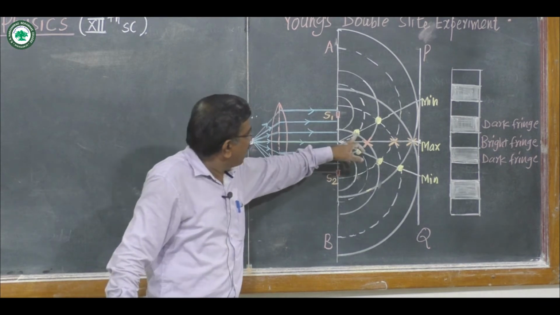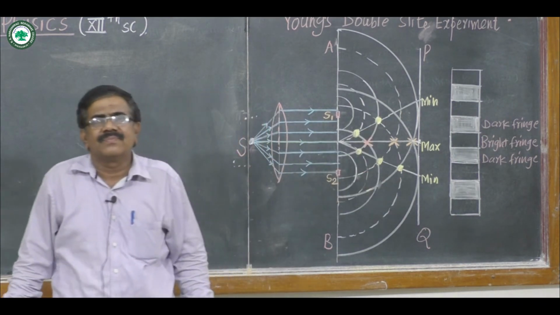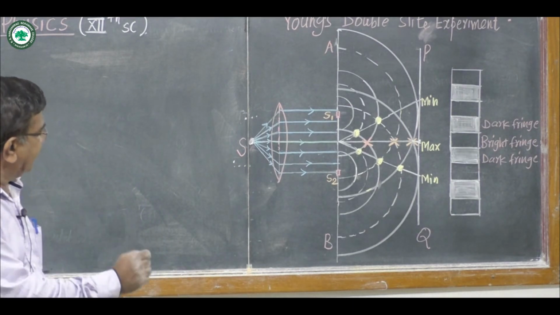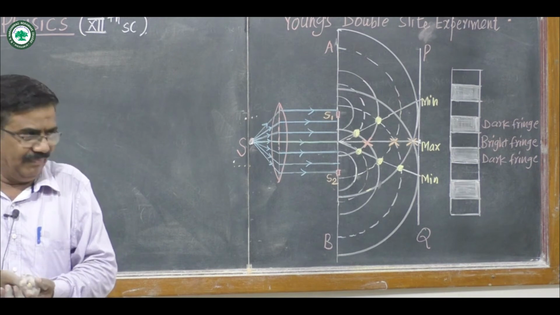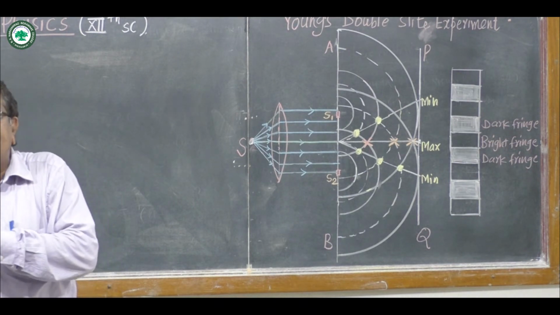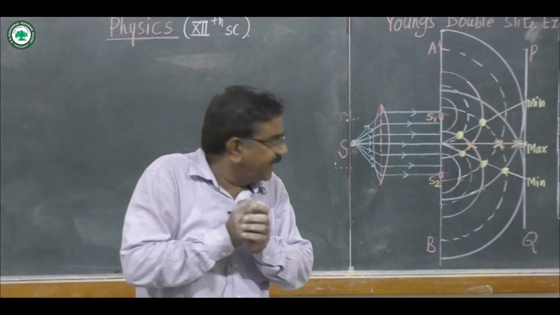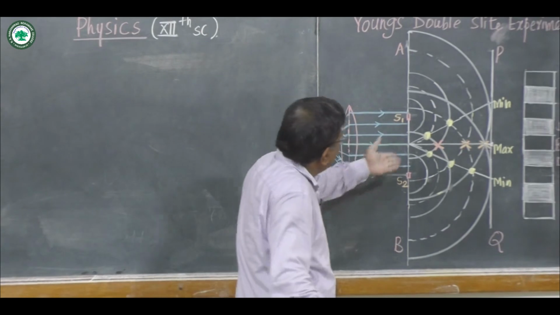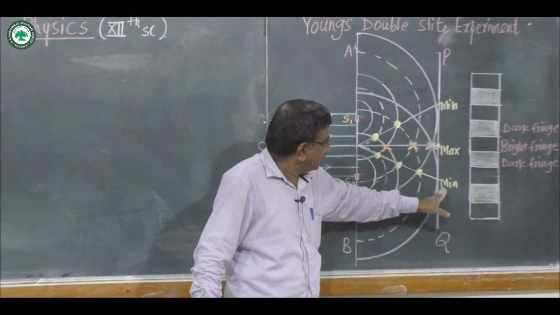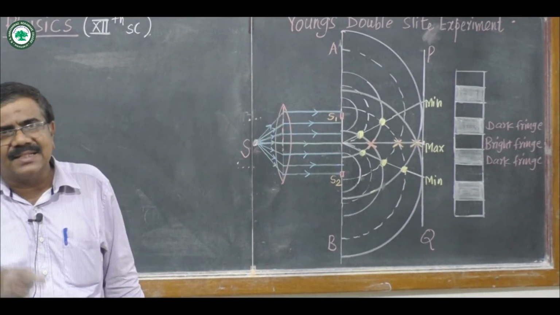At the points marked by the dots, the crest of one wave coincides with the trough of the other and vice versa. The waves are said to be out of phase. The interference is destructive, and along this line we get a minimum intensity point, or dark point.